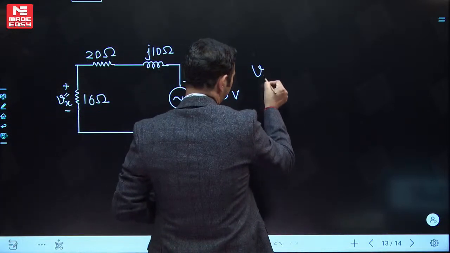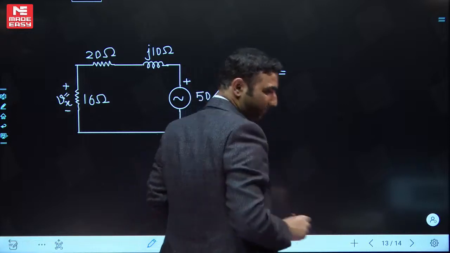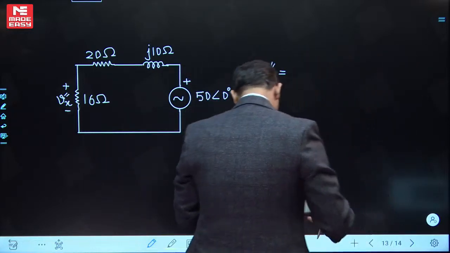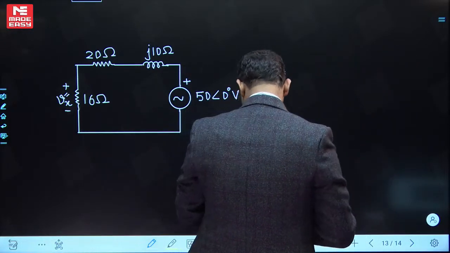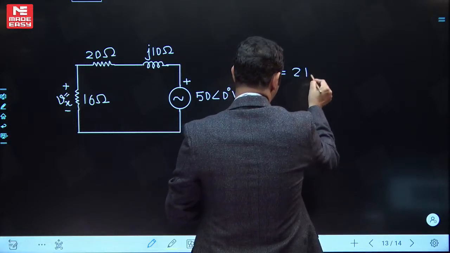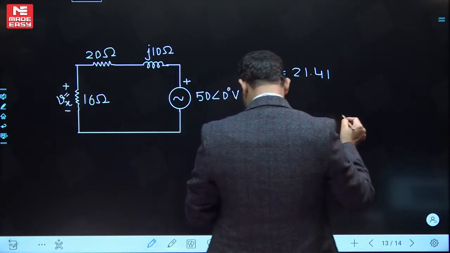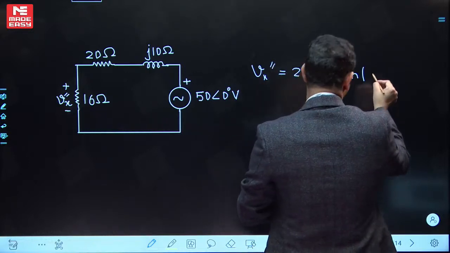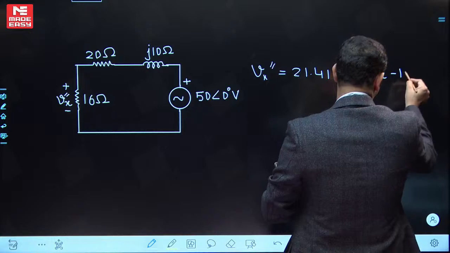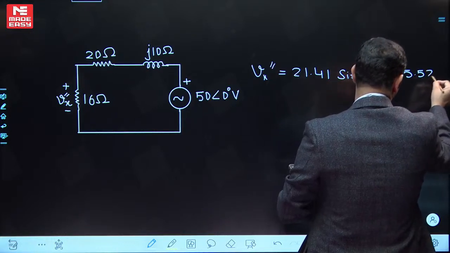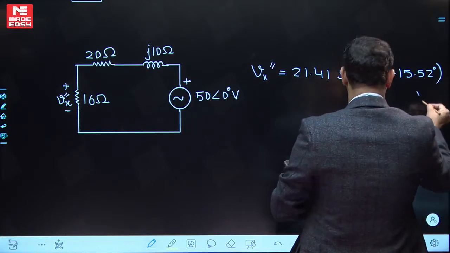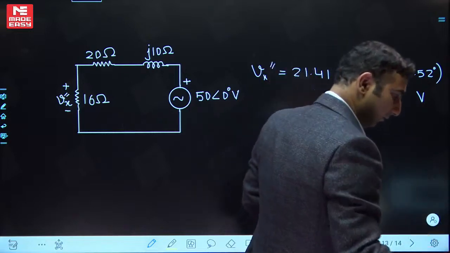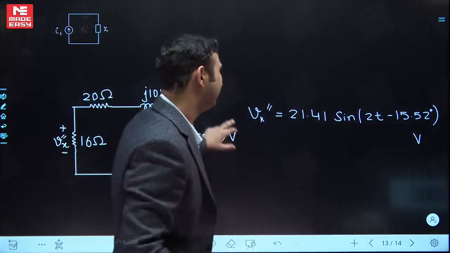The Vx double dash value is coming as 21.41 sine of (2t minus 15.52 degrees) volts.